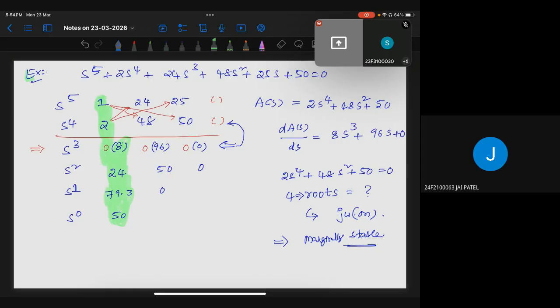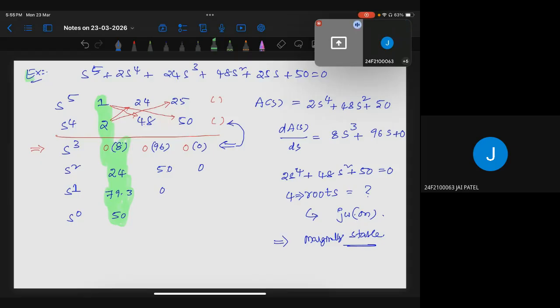If we find the roots of the auxiliary equation, and the system becomes stable instead of marginally stable, what are the criteria for the roots?